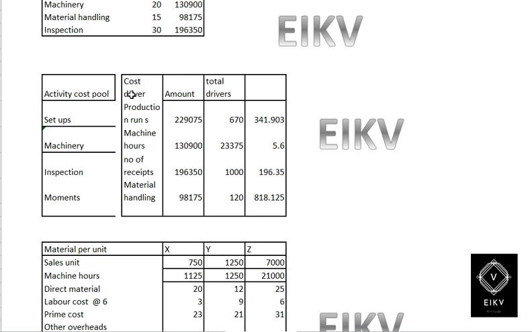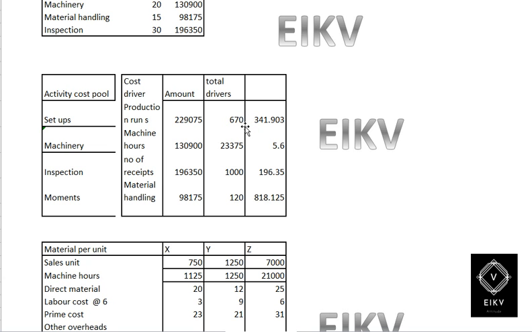Going ahead, the activity cost pool. Now we have the cost drivers, and we are going to calculate the activity cost per unit. For setup cost, the cost driver will be the production run. The total cost is 2,29,075 and the total production run is 670.